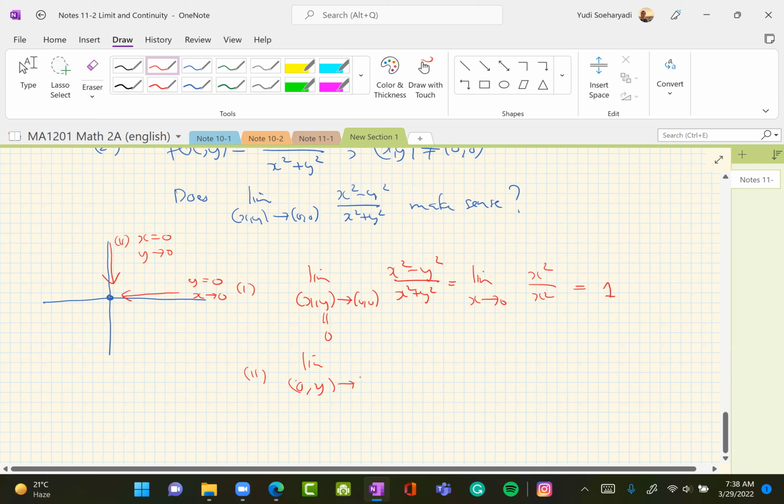That's just a limit of one variable. x equals 0 gives negative y over y squared, which is negative 1. So you end up with a different number.